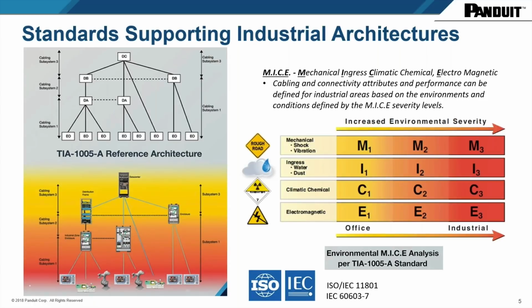When you look at a mechanical element in this MICE specification, you are concerned with vibration, you are concerned with shocks, you are concerned with flexing. So the edge devices and factory systems are exposed to extreme conditions, and it is not always the case.